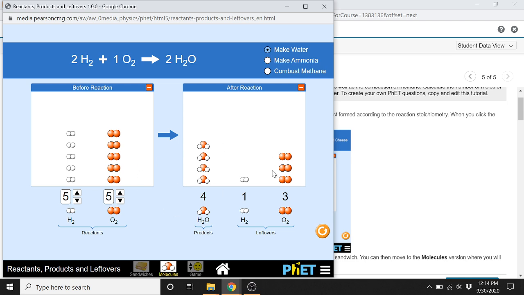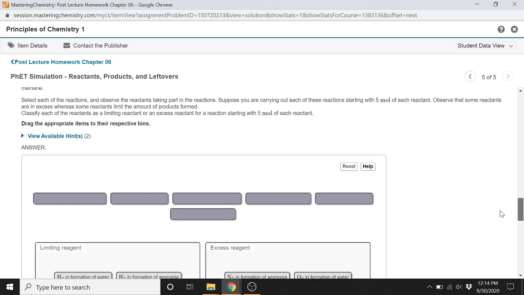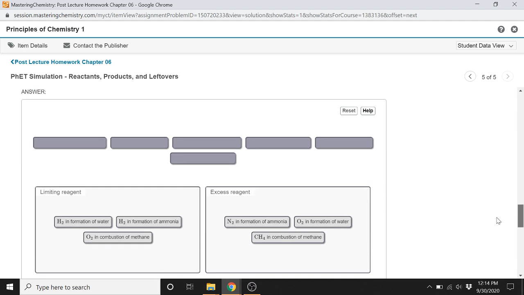That's the one that you have plenty of. Your hydrogen is the one you're running out of, okay? And so that would be your limiting reagent. And so you'd come down, you'd get to your problem, and your H2 in the formation of water is your limiting reagent, isn't it? Your O2 in the formation of water would be your excess reagent.